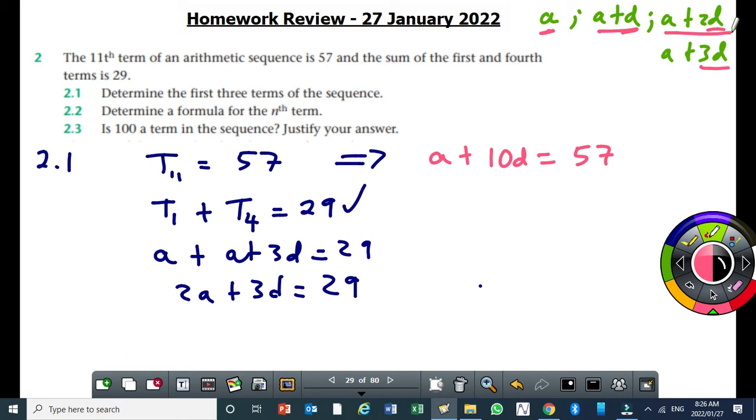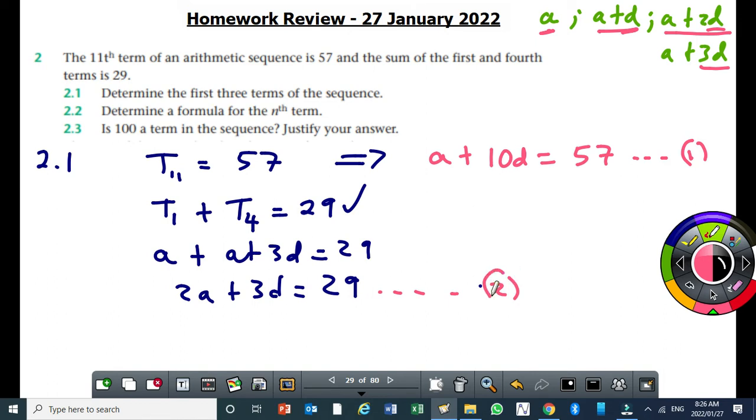How many D's do we have? 10. That's why I wrote A plus 10D. Are you following that? Right? So I can call this one here my equation 1. And then this one becomes my equation 2.